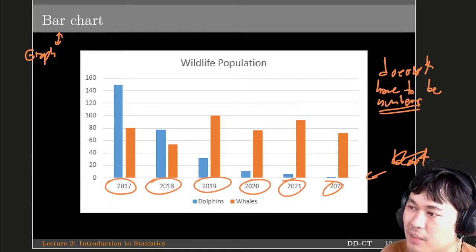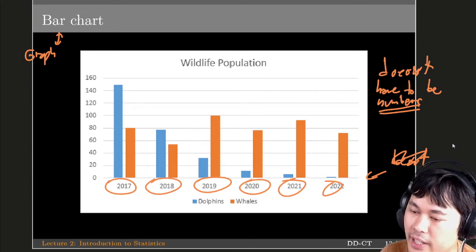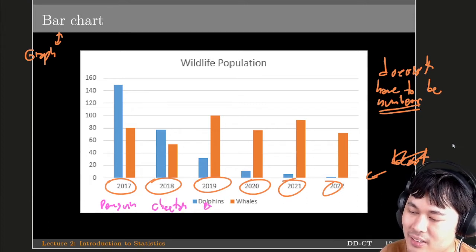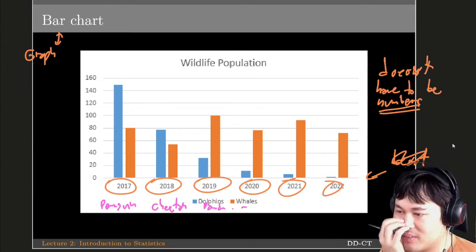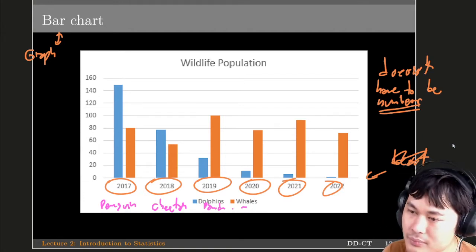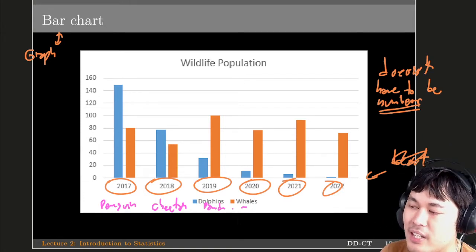You can have a bar chart where you have Penguin, Peter, Panda, all those things, and compare them all in the same chart.